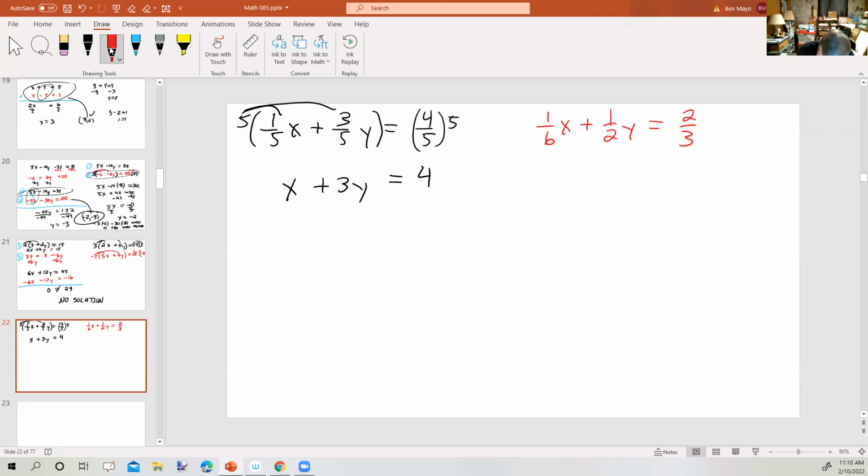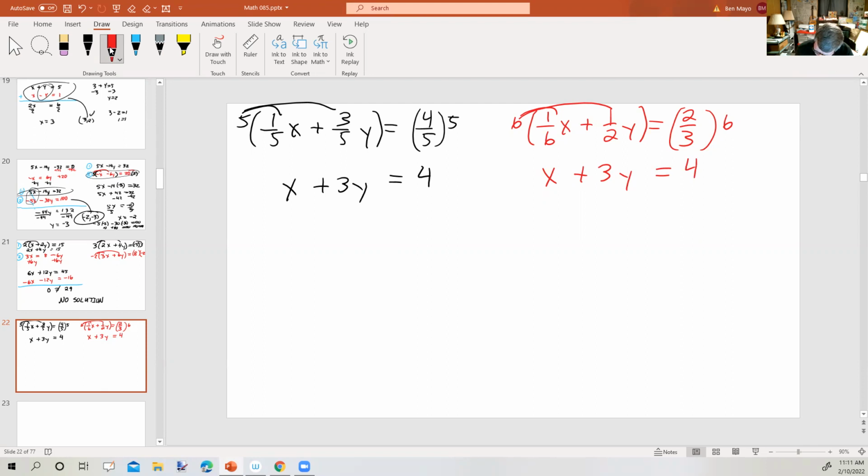Here, the least common denominator is 6. 6 times 1/6 x would be 6/6 or 1x or just x, plus 6 times 1/2 would be 3y equals 12/3, which is 4. Interesting. So by clearing the fractions, notice these two equations look the same.